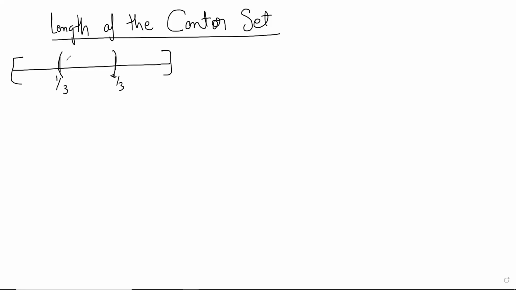This is deleted. You consider the rest. Now from the rest also you do the same thing. You delete the middle third and consider the rest. And in this way you go on. So you're getting many intervals, but the size of the intervals is getting smaller. So what should be the length of the Cantor set?